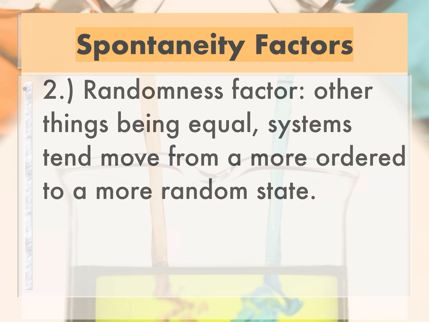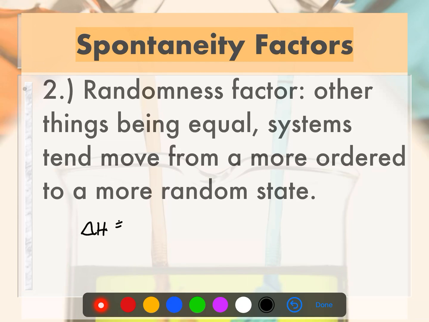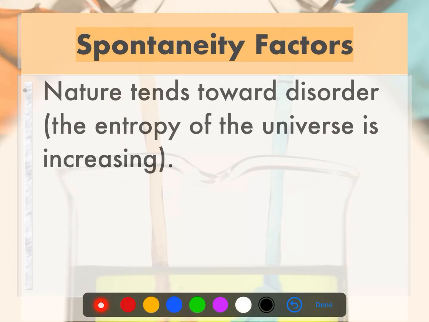Second, is the system moving towards a more random state? In other words, more freedom of degrees of motion. Not always is that a spontaneous reaction because the energy factor is much larger than the randomness factor, and that's something to consider. So if you look at delta H values, again, delta H values are normally in kilojoules per mole reaction.